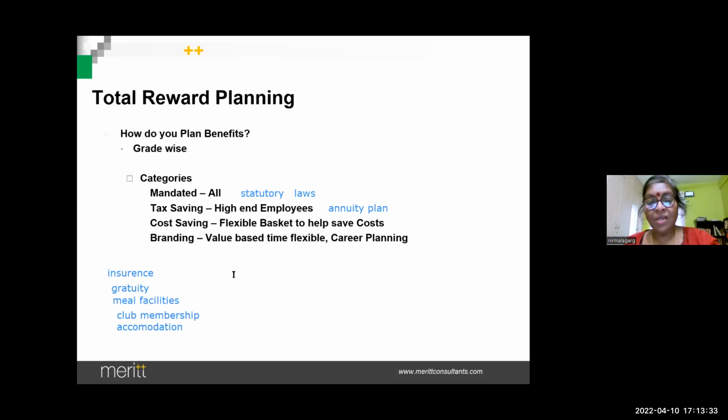So now it is the ROI. Every year you are evaluating if you extend these benefits, is your productivity going up? Is your absenteeism reduced? Is your attrition reduced? So they are looking at certain metrics as well.